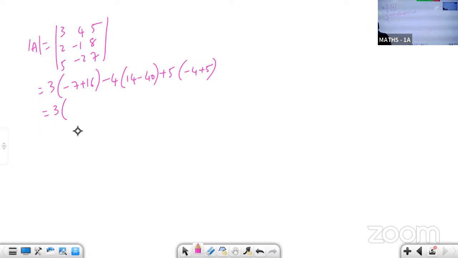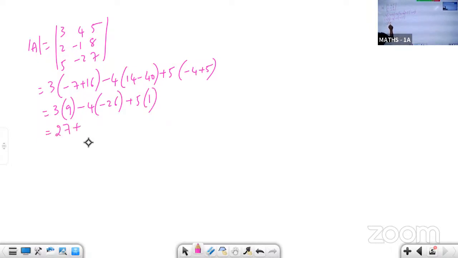That is 3 into 9, minus 4 into 14 minus 40, which is minus 26, plus 5 into 1. 9 3s are 27, minus into minus plus, this is 104 plus 5. Total how much am I getting? 27 plus 104 plus 5, 136, not equal to 0. Means your A inverse exists.